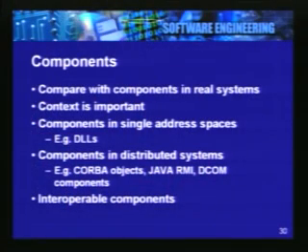For example, components in a single address space within a process: dynamically linked libraries. When the process is executing, you can change the DLL and then read it in. So a DLL is a component in a single address space. Or if you talk of components in distributed systems, then you could have examples in CORBA, Java RMI, DCOM, and so on. Then your context might need your entities to be components in an interoperable system.